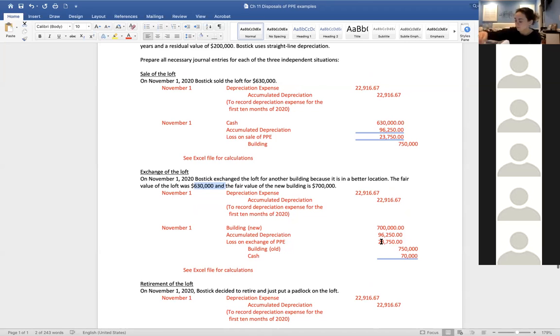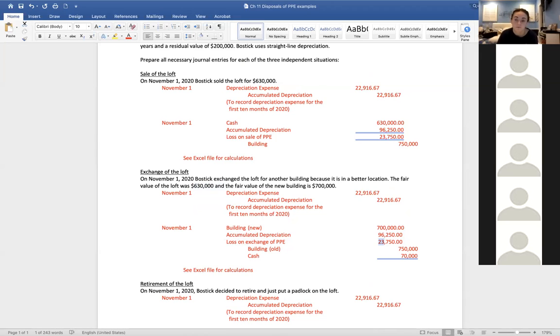So 23,750 would have been the loss. Remember the 630, the fair value of the old building, minus the book value.